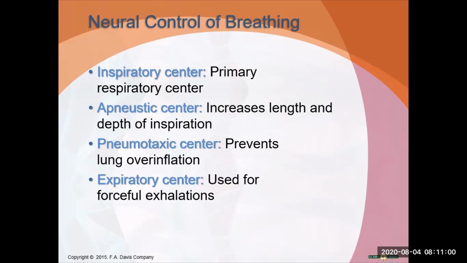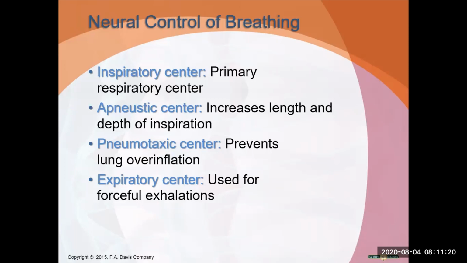Although the medulla is the main breathing center, the pons contains two centers that can influence basic breathing rhythm. The apneustic center stimulates the inspiratory center to increase the length and depth of inspiration.